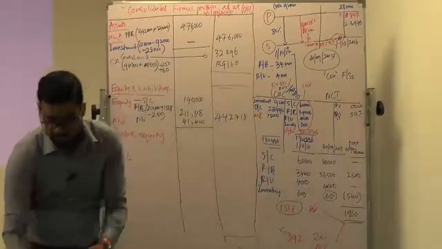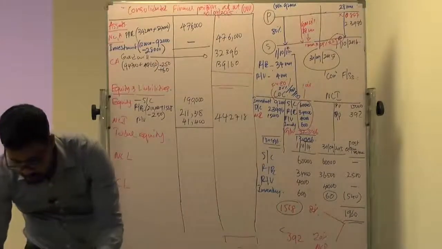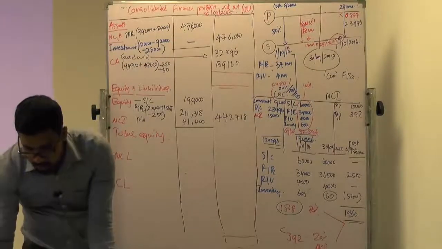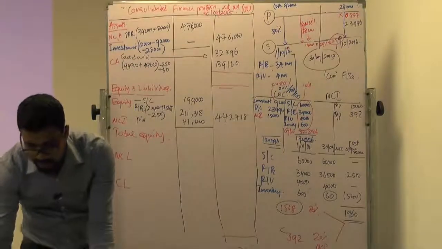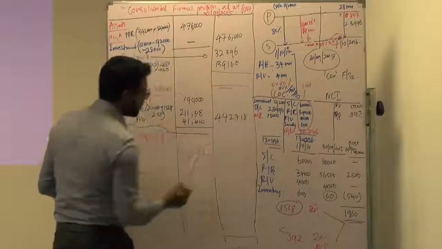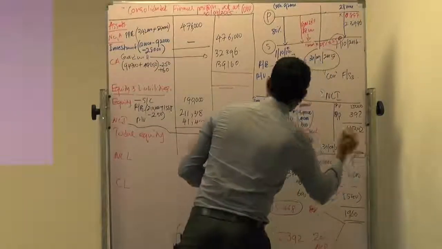442,718. Right? Fine. Now take minority interest or non-controlling interest. Always I am telling minority interest, but that is not the case. Non-controlling interest straight away from this, 15,392.